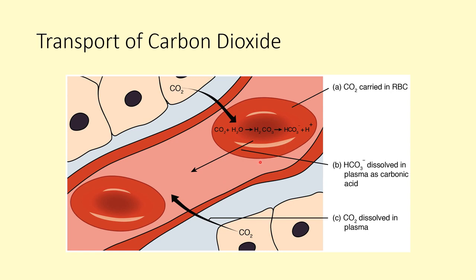Some of it will be bound to the hemoglobin. But this reaction, once again, is showing the carbon dioxide comes in, binds with water, forming carbonic acid right here. H2CO3 is carbonic acid, but it then dissociates into the bicarbonate ion, which is HCO3, and releases a hydrogen ion right here.